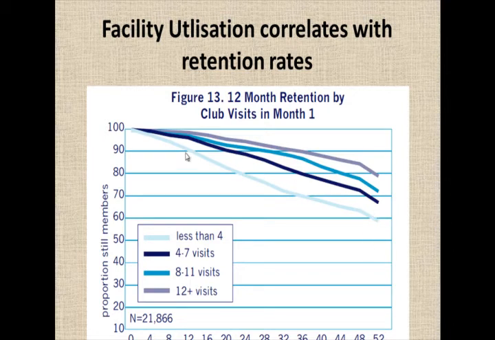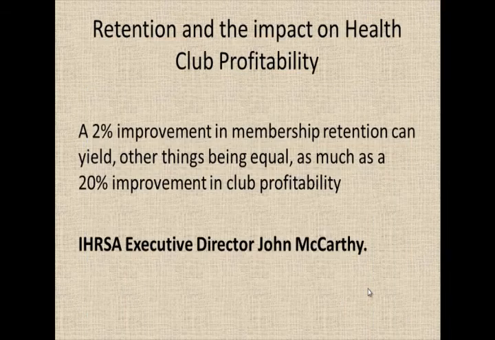Now, if you look at each line, this represents coming more often, so 4 to 7 per month, 8 to 11, and 12 plus visits per month. And you can see that correlation between visitation and retention rates. So it's important to keep that in mind.